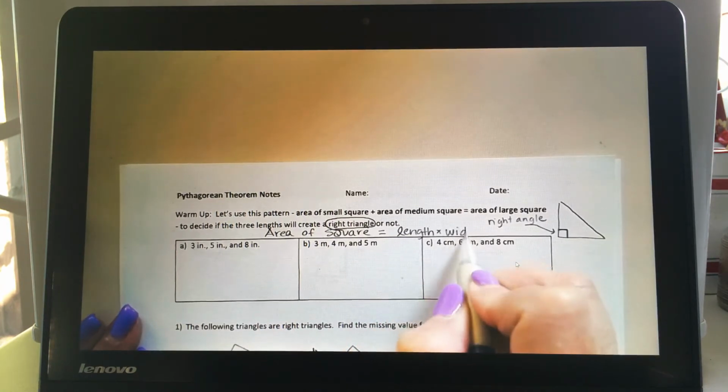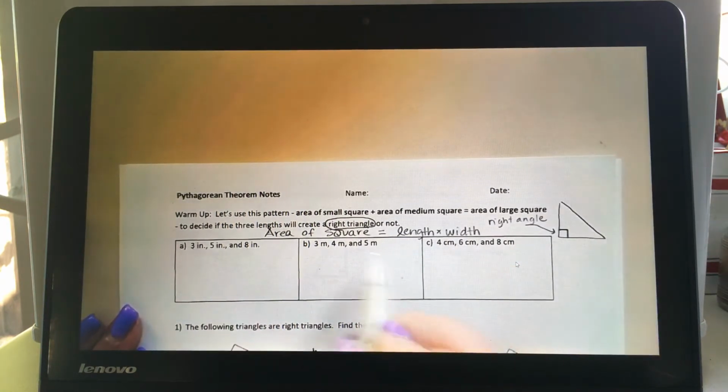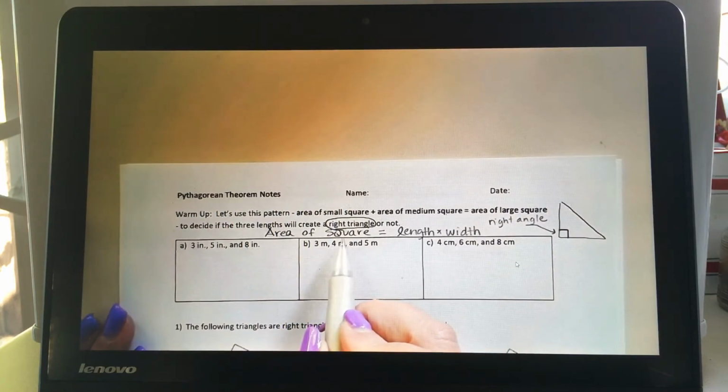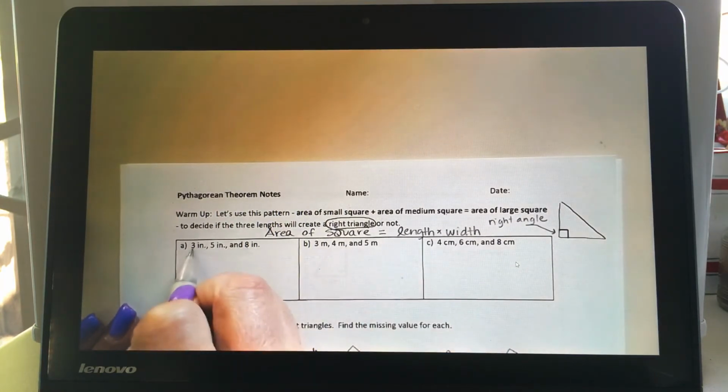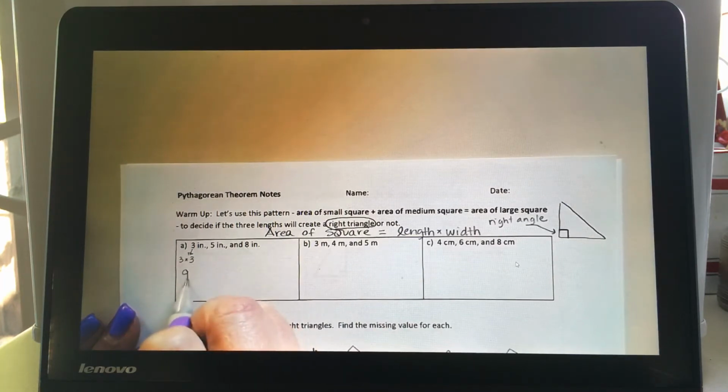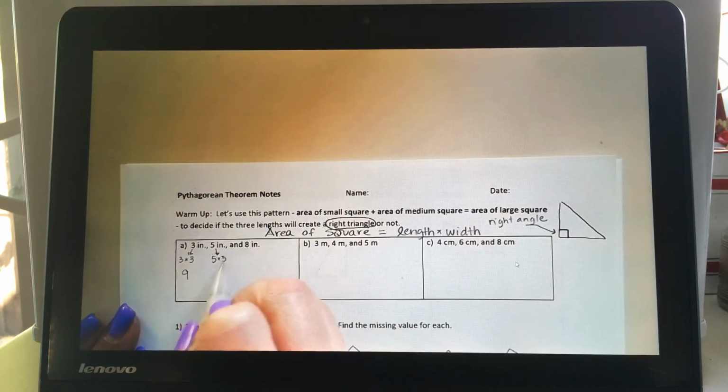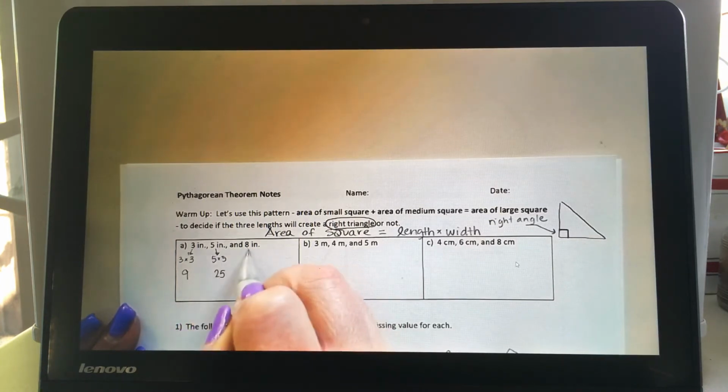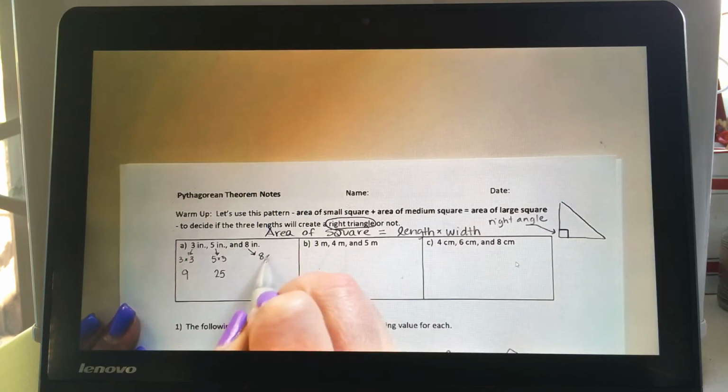So remember that to find the area of a square, we're going to multiply the length by the width. And since it's a square, we know the length and the width are exactly the same size. So the area here, 9. The area here, 5 times 5 is 25. And the area here, 8 times 8, that gives us 64.